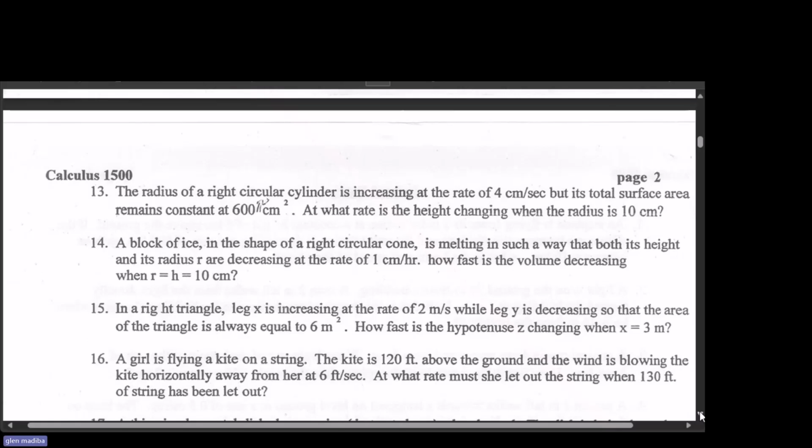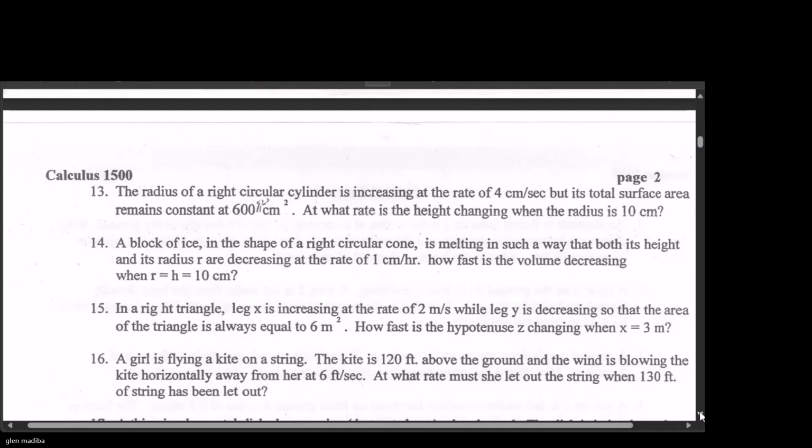Okay, please, let's talk here. We know the height is y, which is 120 feet. We know that dx over dt is 6 feet per second. At what rate must she let out the string when 130 feet of the string has been let out? What is this 130 feet? Z, which is the hypotenuse.